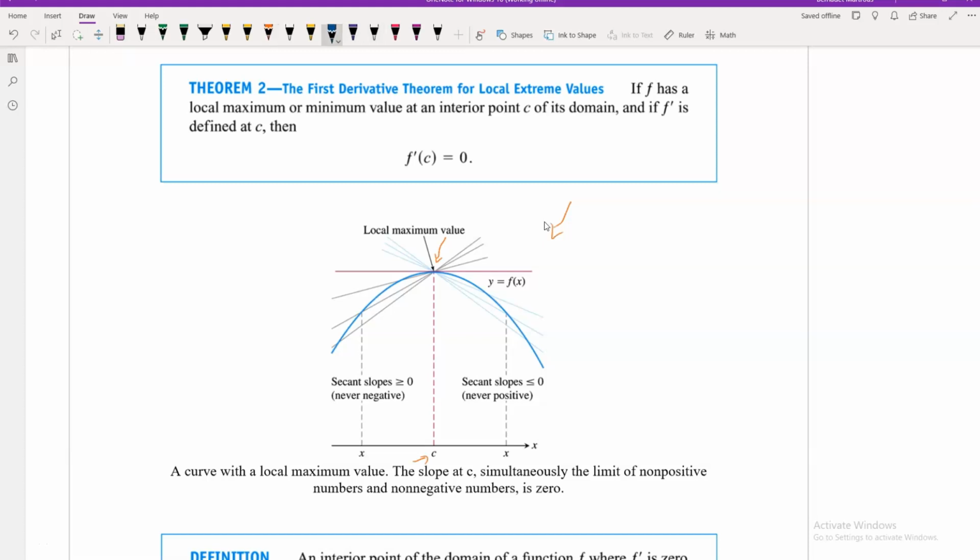The slope of this line is equal to 0. The slope of the secant lines on the left side is greater than or equal to 0, and the slope of the secant lines on the right side is less than or equal to 0.